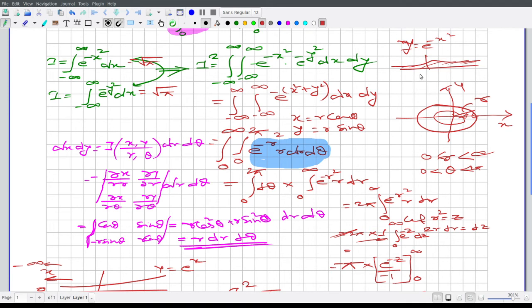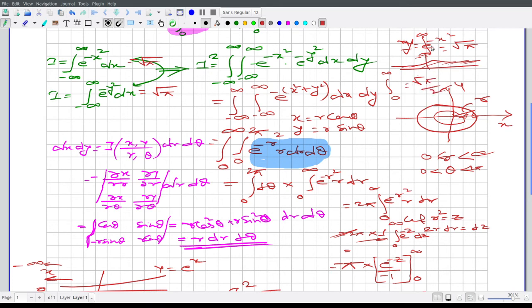This value, if we take the integral from minus infinity to infinity, will give you root pi. So for the integral 0 to infinity, it should be root pi by 2.